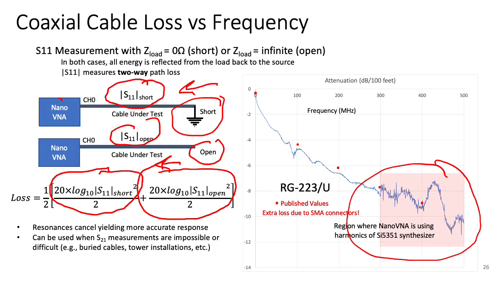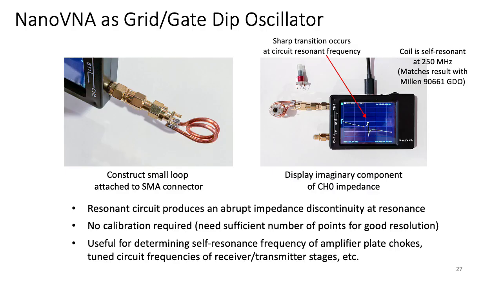Now, one device that's very useful when you're constructing electronic circuits, particularly tuned circuits, is a grid or gate dip oscillator. The principle behind that is that there is an oscillator with a loosely coupled loop attachment to it that couples into a resonant circuit.